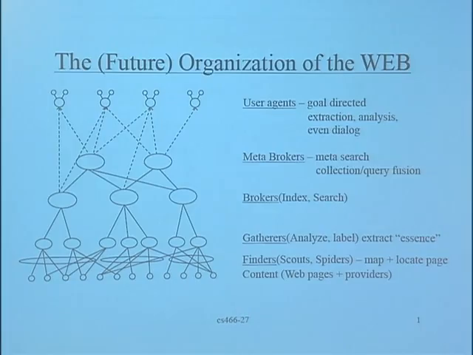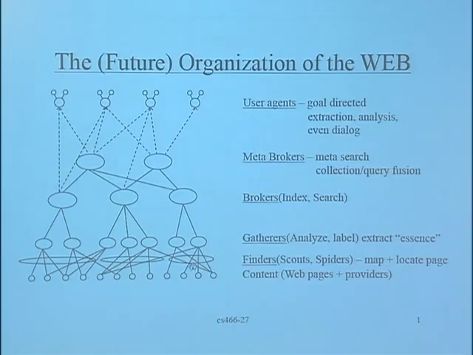They would scour for sites looking for things of relevance. They would be compensated for how fast they found it. So if this was a 10K report for a company or some sort of financial news, they would try to acquire it and pass it on as quickly as possible, because the timeliness of information is relevant.